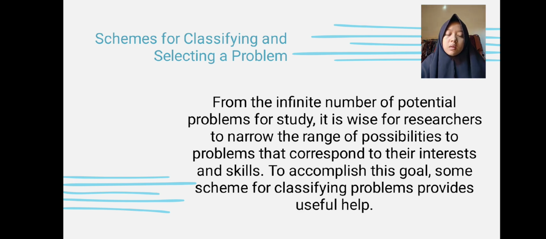To accomplish this goal, some schemes for classifying problems provide useful help in selecting a problem. What is really important when you select a problem is classifying it by scheme.